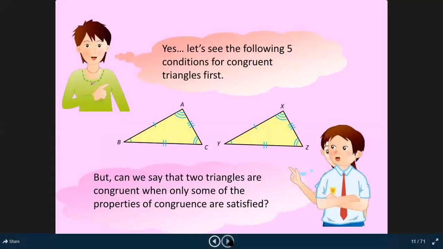Okay, we will check now the congruent triangles. Let's see the following conditions for congruent triangles. For any two triangles, we have 6 elements, which are 3 sides and 3 angles.